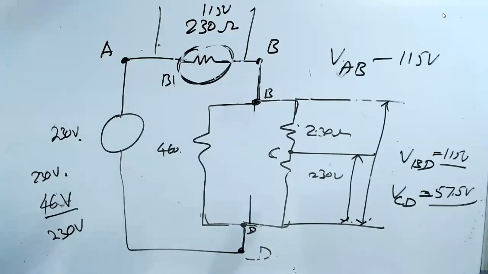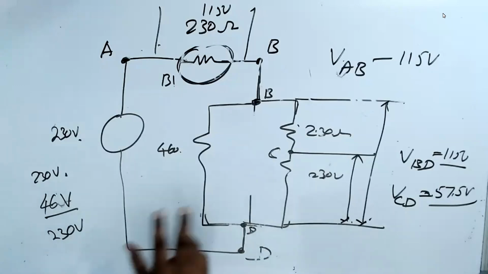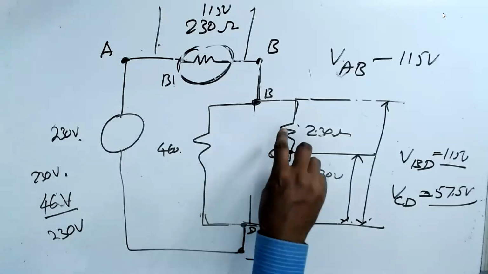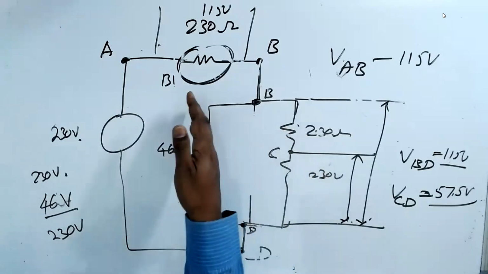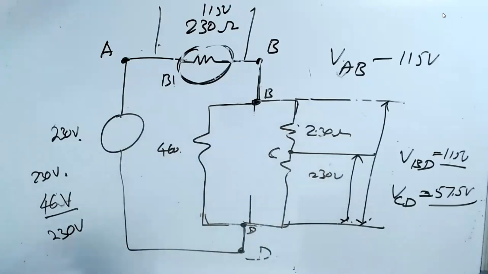But it's all going to be very, very useful to you tomorrow when you discuss electronics. So what we discussed is enough: parallel circuit, series, and then V is equal to IR, P is equal to VI. This is enough. If you don't understand how you got 57.5, let me know.